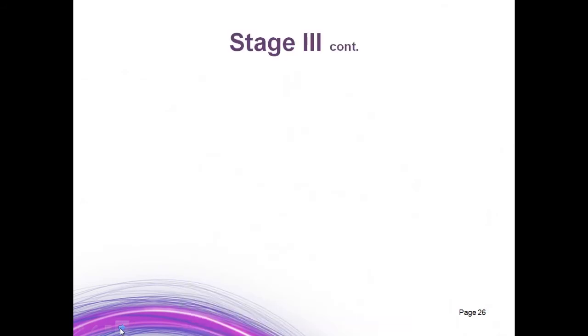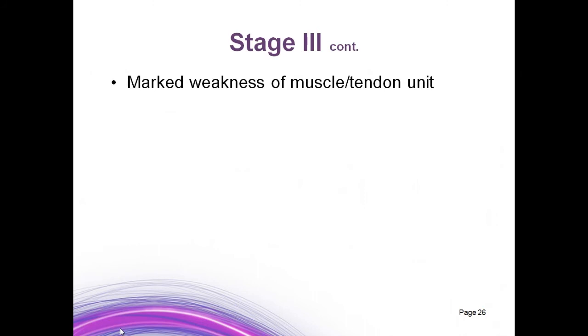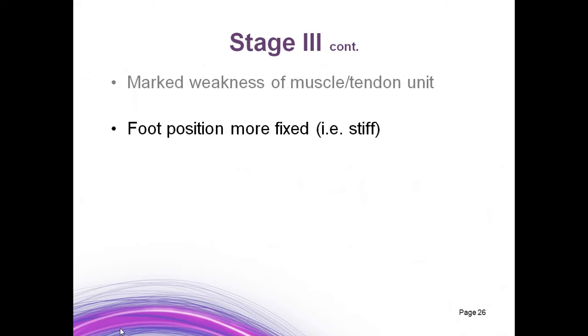With stage 3, in a clinical situation, you will note, and the client will typically report, a marked weakness of their muscle tendon unit. Also, because they've already passed through stage 2, their foot's been in a pronated position for some time, their foot becomes more fixed and stiff.